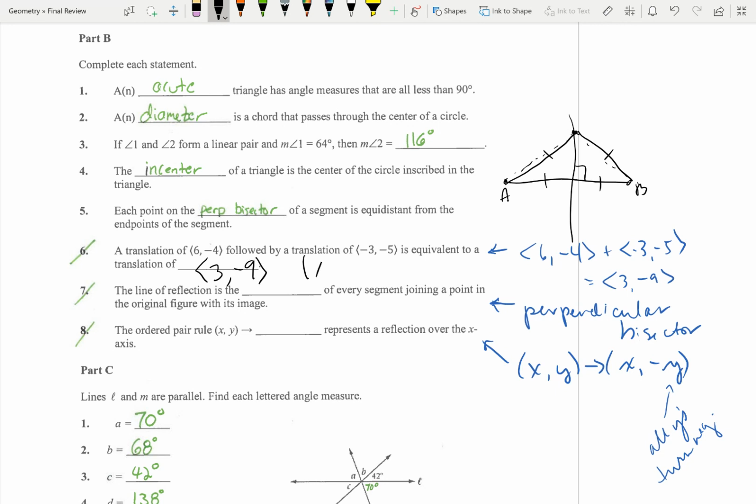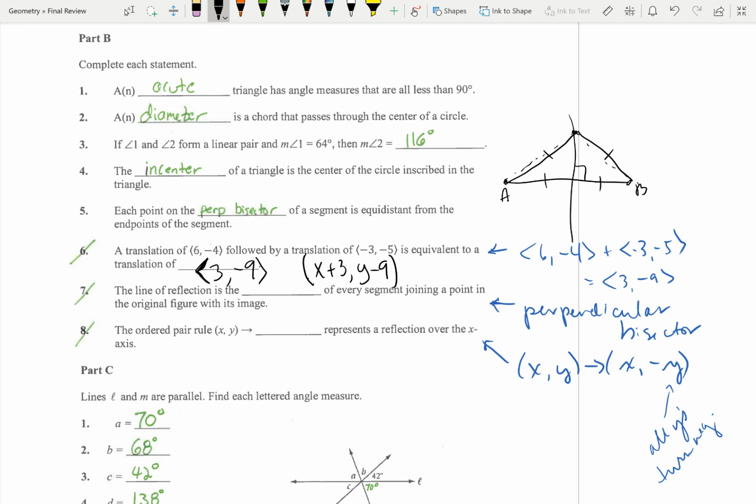Another way to write this is (x + 3, y - 9), right? So when there are sharp brackets, you just have the numbers, and if it's a regular bracket, you put the x plus 3, y minus 9.